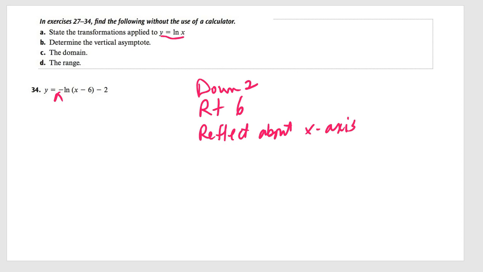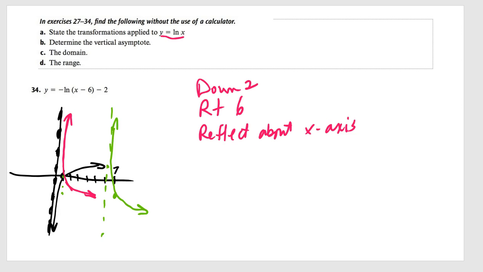Okay, let's do a quick little sketch. We started with the black function I sketched in. That's just the typical basic function, the natural log of x. Think of it like a regular log base e of x. It has a vertical asymptote, which is going to be x equal to 0 at first. And then I reflected about the x-axis.